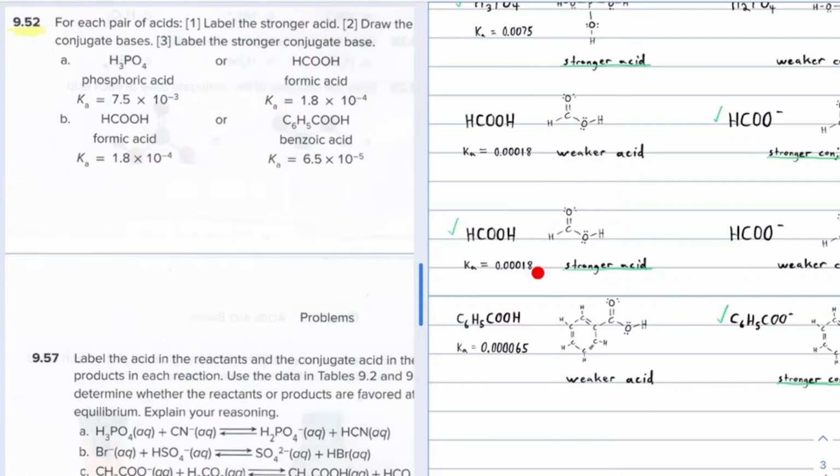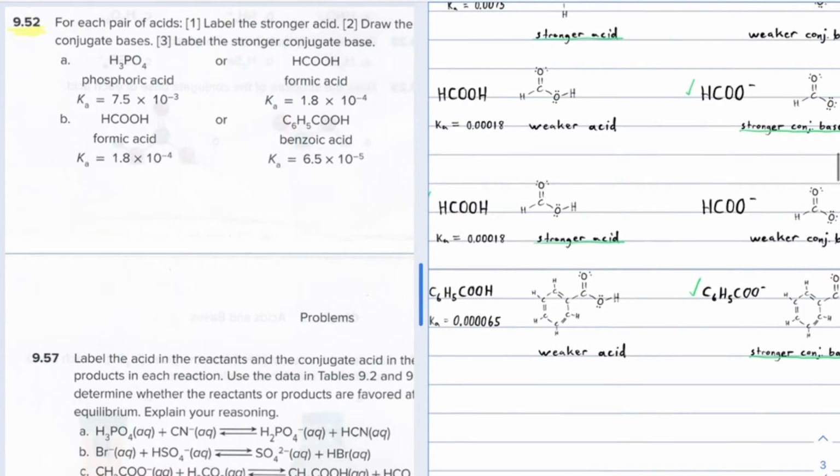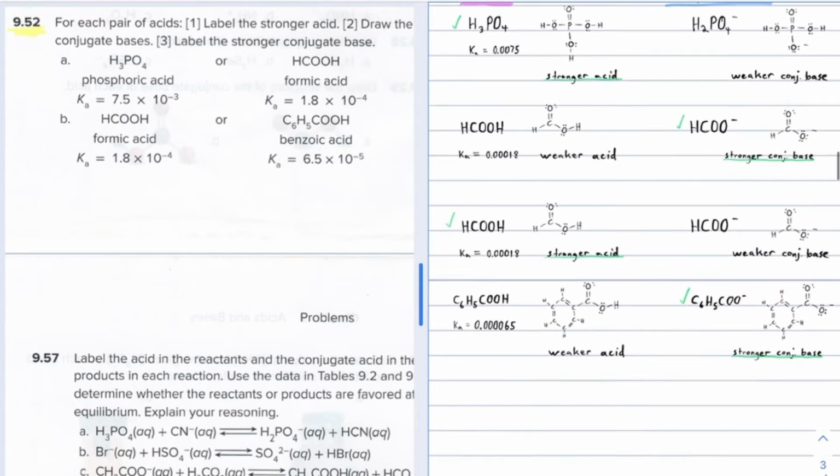And this time it's the formic acid which is stronger than the benzoic acid. The Ka is a little bit larger for this than it is for that. So formic acid is the stronger acid. You can see the conjugate bases over here, the formulas.